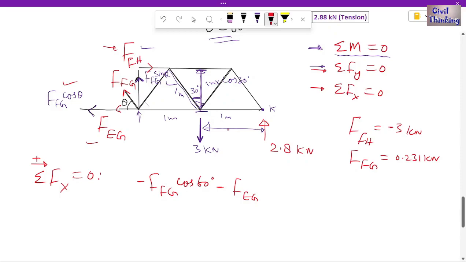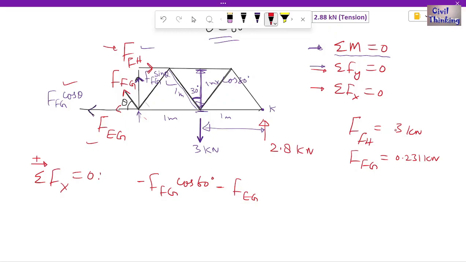Now I can say force is 3 kilonewton. Okay, not the negative 3. Why? Because I corrected the direction. Since I corrected the direction, the use of negative is finished. Negative meant the direction was opposite. First it was like this, now I change the direction to this, right? So we don't have to write the value negative again.